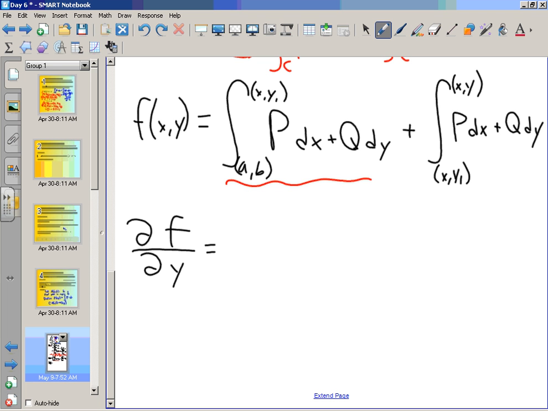Notice this goes between some fixed value in the y direction to some other fixed value. No matter where x is, it's going to go to xy1, and then the last little bit is where it's actually going to go to that y value. It might go up or down.